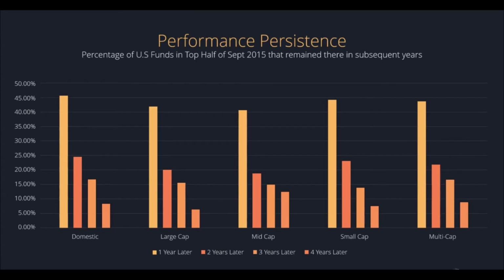And by the time we get to the bottom there, we're looking at roughly, I would say, around 8% of funds that were in the top half in September 2015 remained in the top half 4 years later in September 2019. So that goes against the argument that there is skill involved with active managers. They're not able to consistently perform well, even the ones that are in the upper bracket.